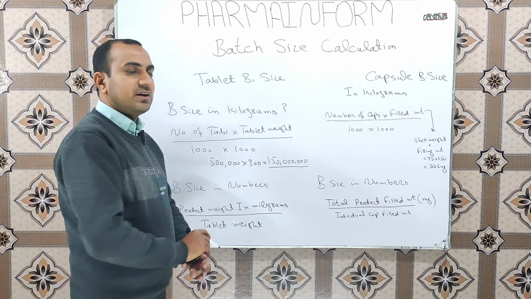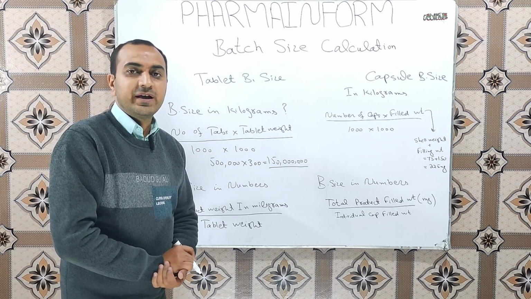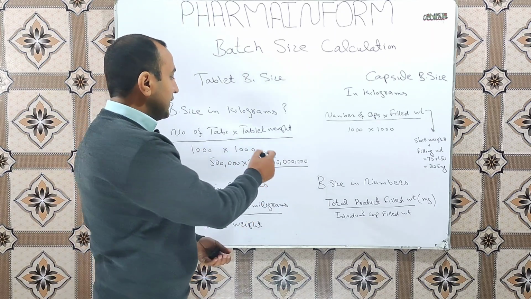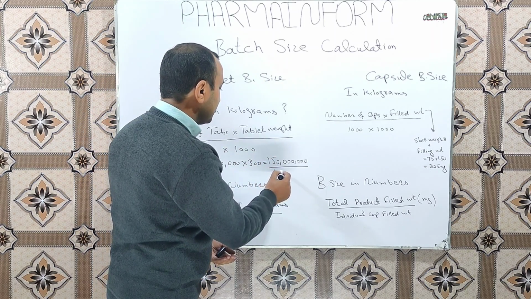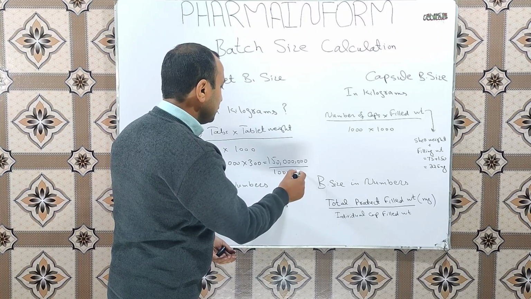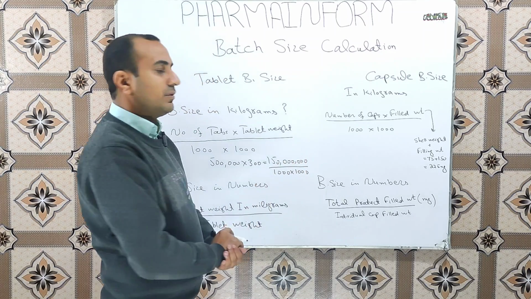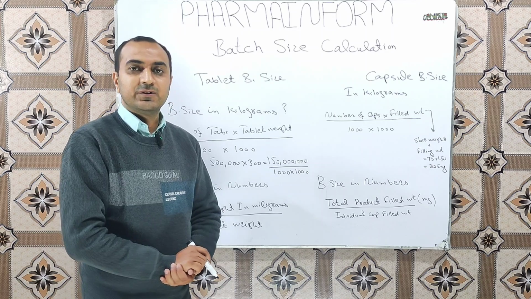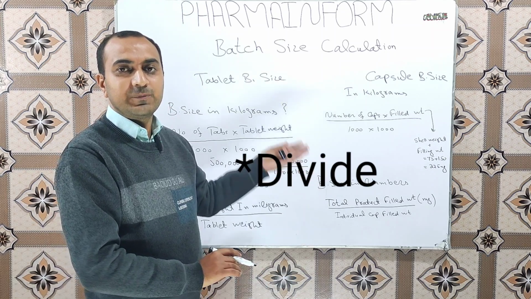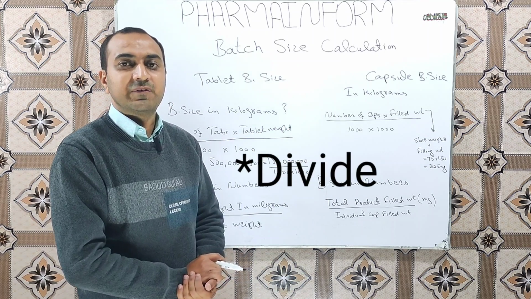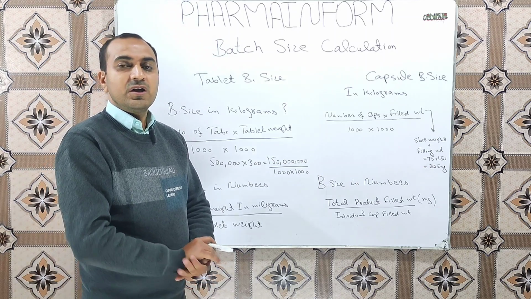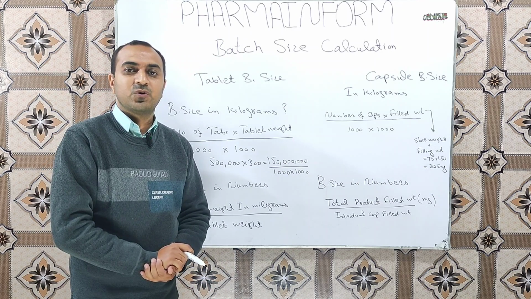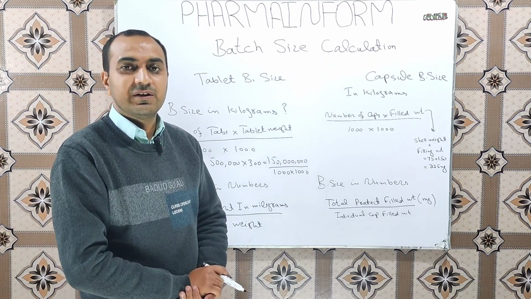As you can see in the formula, we divide by 1000 and 1000. First, dividing by 1000 converts the value into grams, and dividing again by 1000 converts it into kilograms. If you are not aware of basic weight conversion calculations, the link of the video is given in the description.